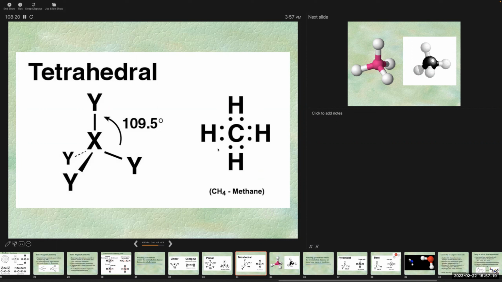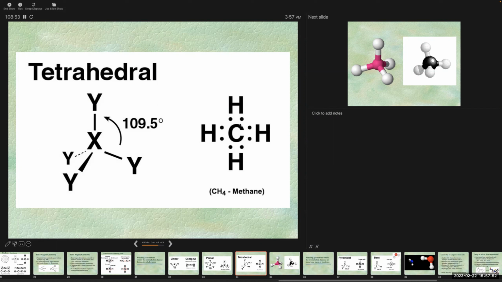A great example of this, a simple example of tetrahedral geometry, is the methane molecule that I've shown you before, CH4. So you've got a carbon in the center, and remember that the carbon has an atomic number of 6, so 6 protons in the nucleus, 6 electrons orbiting, 2 electrons in the first shell, 4 electrons in the second shell. So carbon's always going to form 4 bonds, and almost always covalent, very rarely ionic bonds.